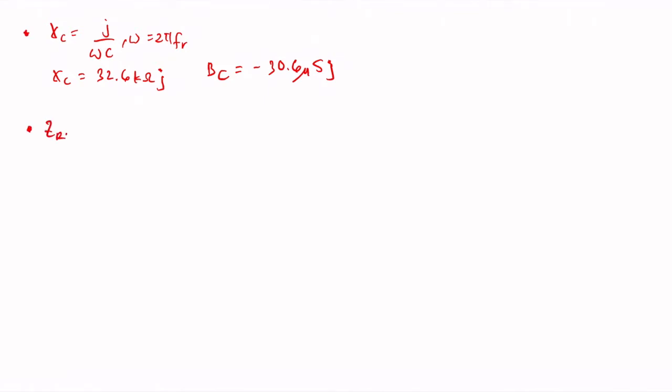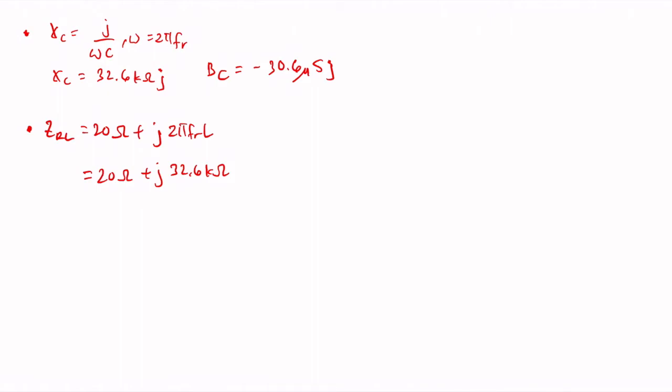Now let's solve for ZRL. ZRL is 20 ohms plus j times 2πFRL. 2πFRL, after plugging in the known values, gives us 32.6 kilohms.